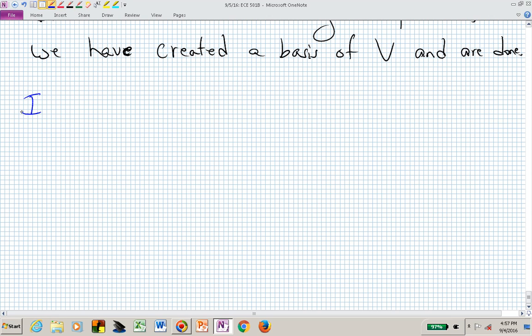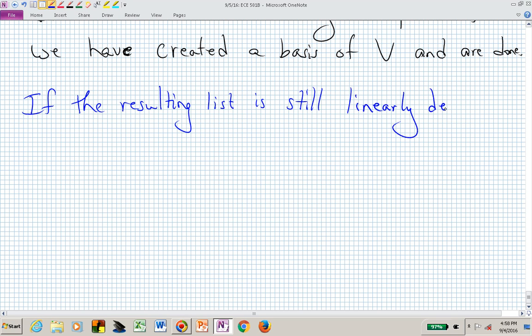However, if the resulting list is still linearly dependent, we just repeat the process.